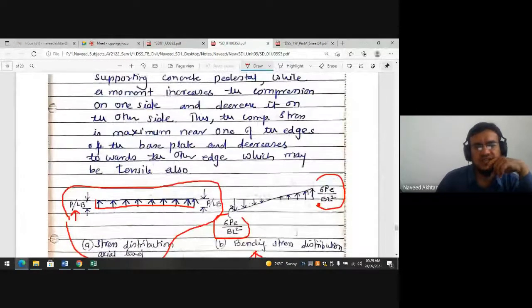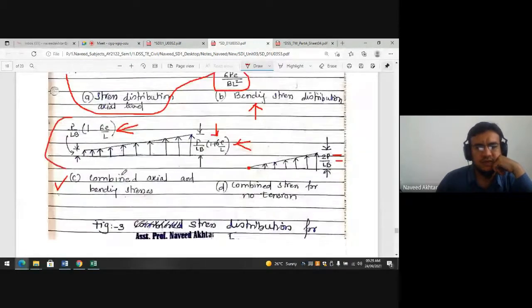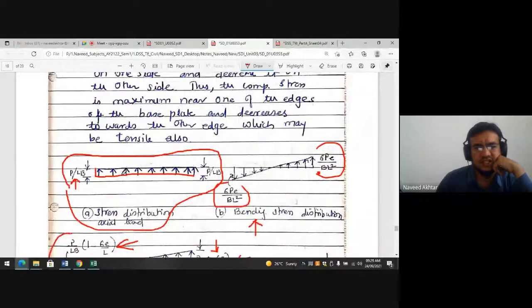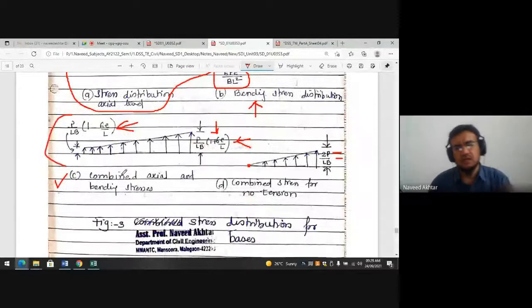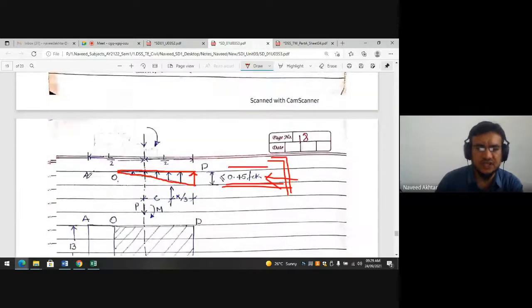So we have to design if there is bending moment also coming on the base plate. The design of moment resisting bases comes into the picture if there is axial load and bending moment acting combinedly on the base plate. That is called the moment resisting base.